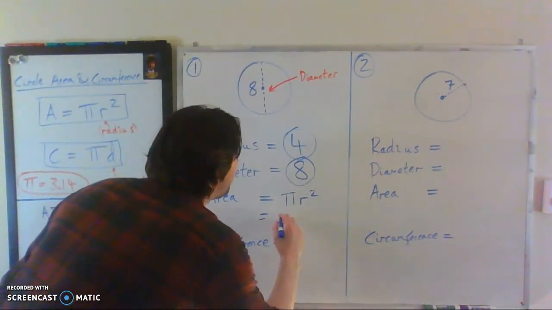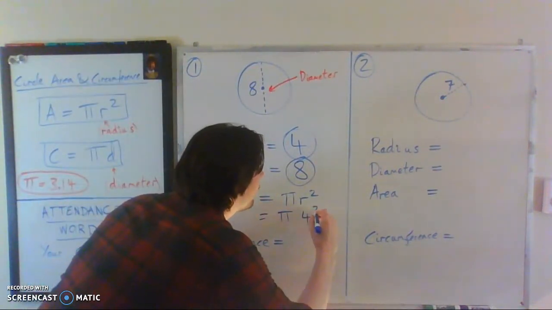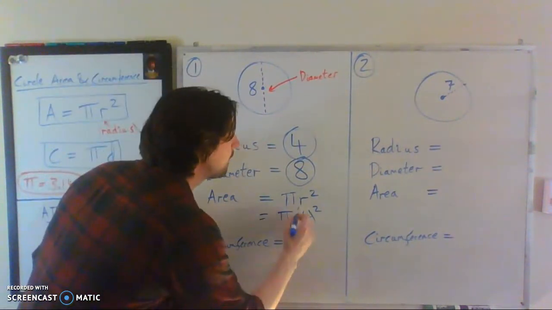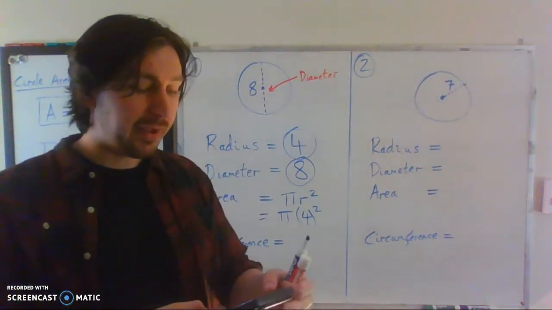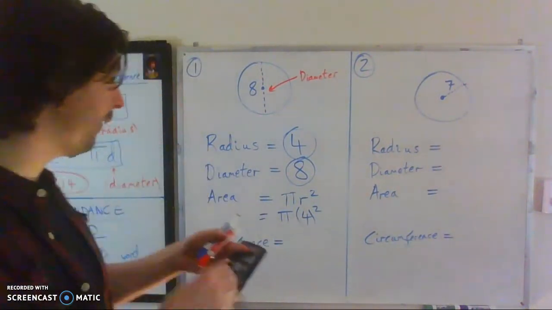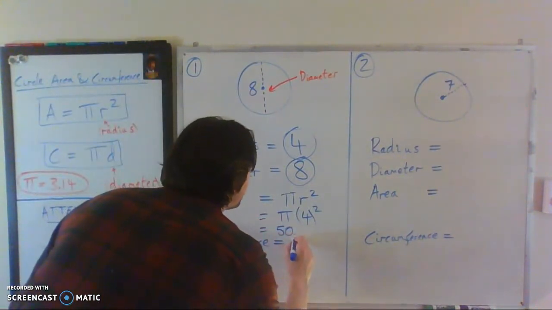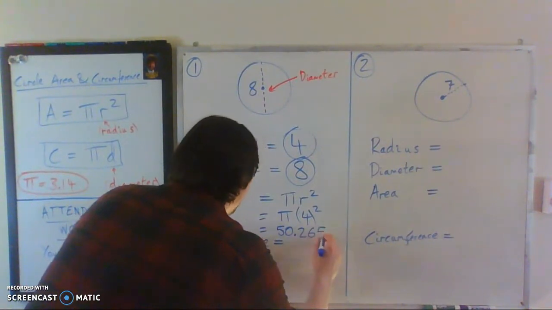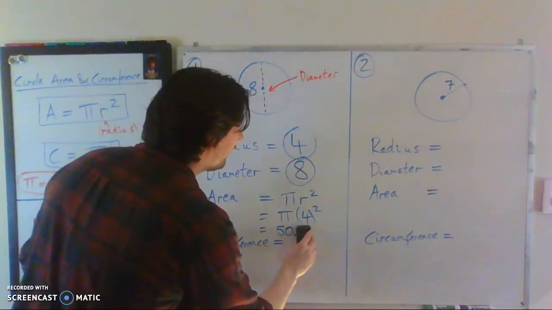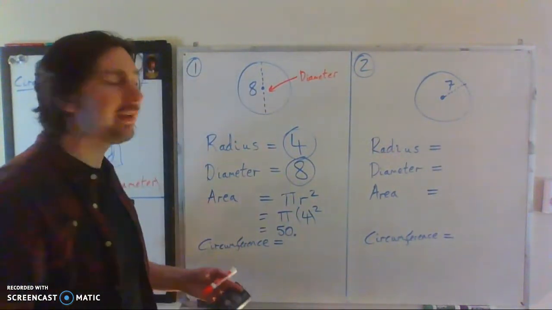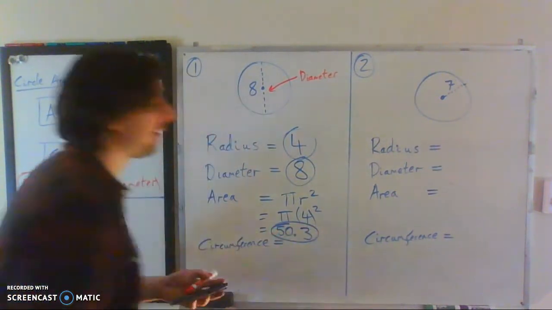For me that's pi times 4 squared. 4 squared is 16, and then I multiply that by pi and I get 50.265, and it keeps going on for a while. I'm just going to round that to 1 decimal place, which is 50.3, and go with that as my answer.